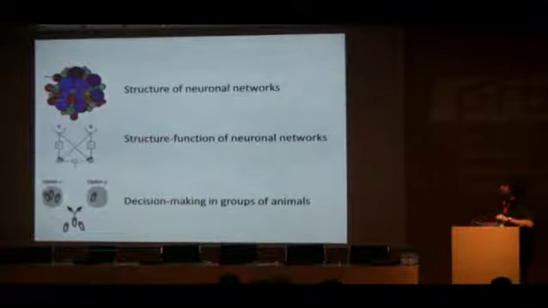Then a very short part on relating the structure to function. And now most talks I give are about decision making in groups of animals. Is the one I'm really working on right now. But I will go through the three of them.